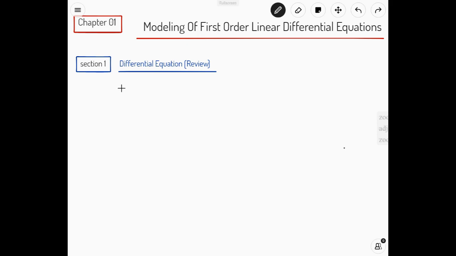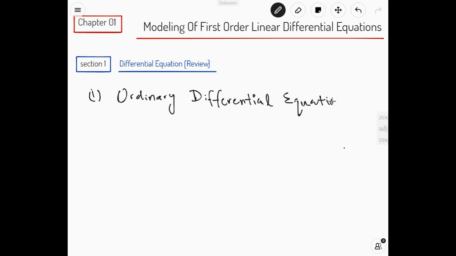There are two main categories of the differential equations. First one is ordinary differential equations. And in the short form we write them as ODEs.